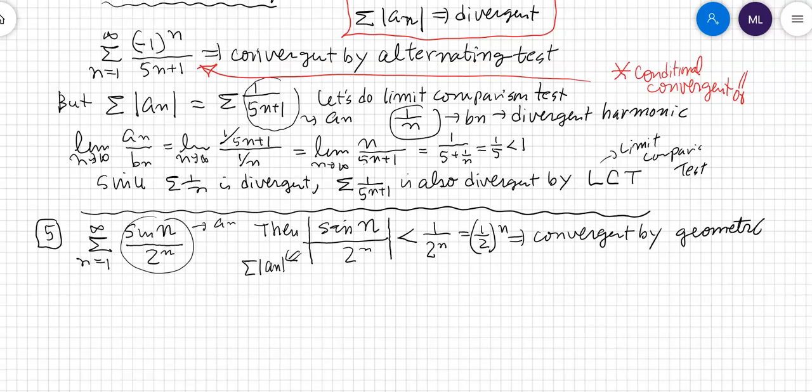Okay, so now the convergence: because this is less than this guy, this is convergent.